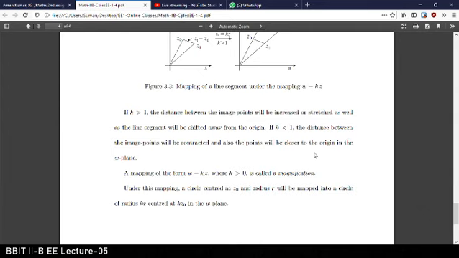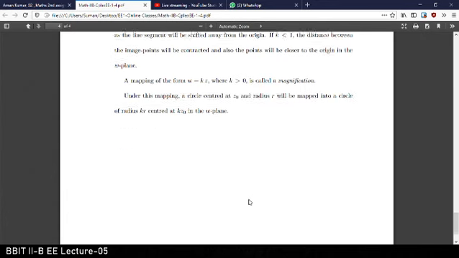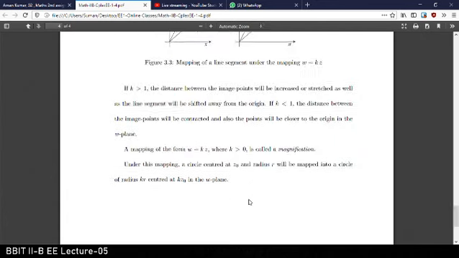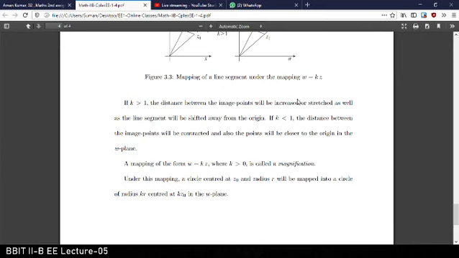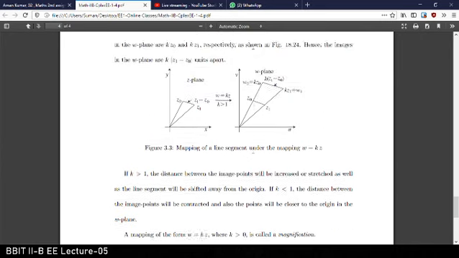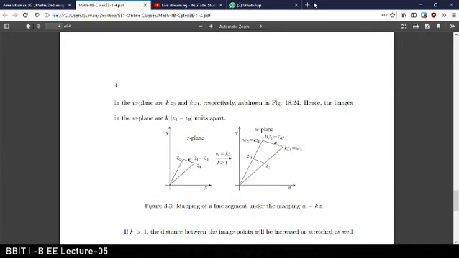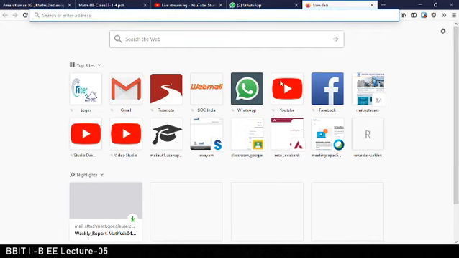The circle will remain a circle, its center will be shifted and the radius will be either enlarged or decreased. So these are the two basic types of mapping. I will consider another one.